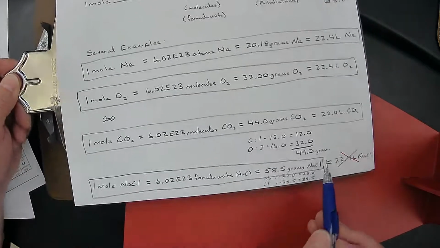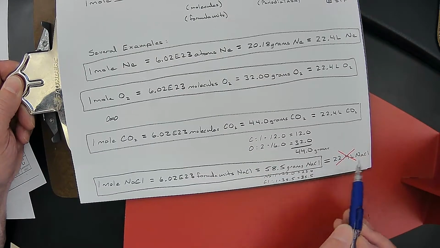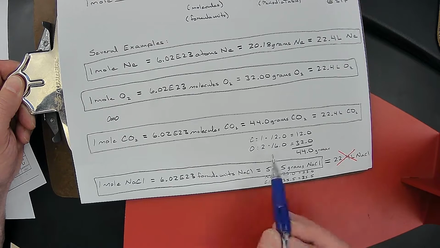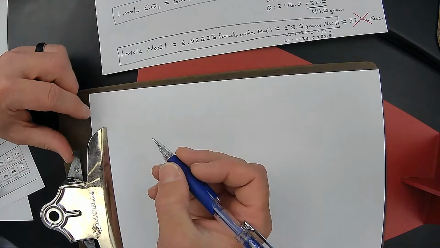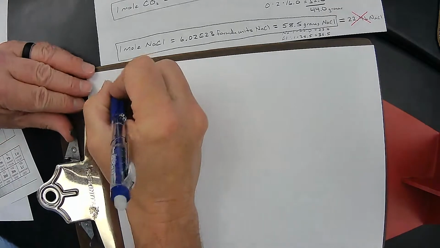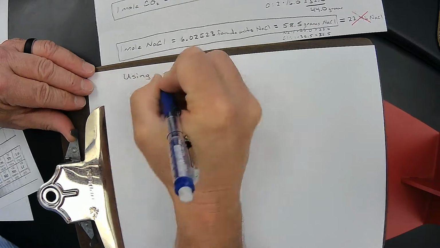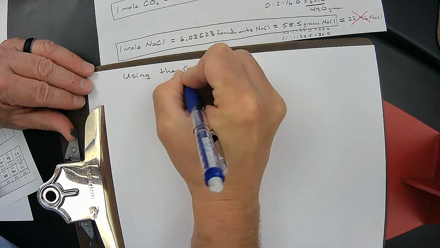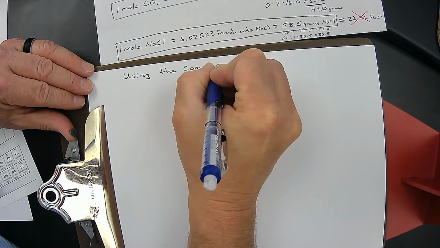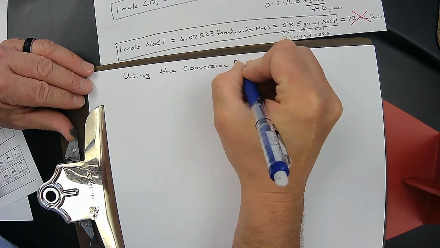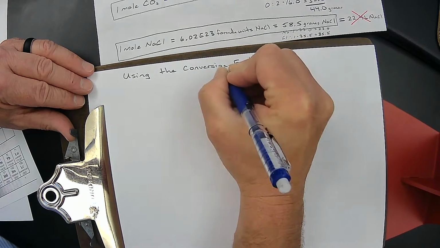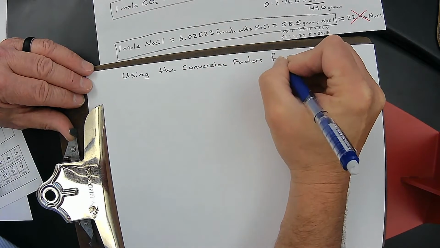If it's not a gas, we learned that you can't put that last conversion factor down. In this video, we're going to be looking at using the conversion factors from the mole.